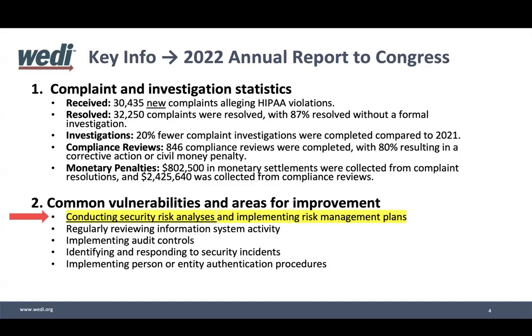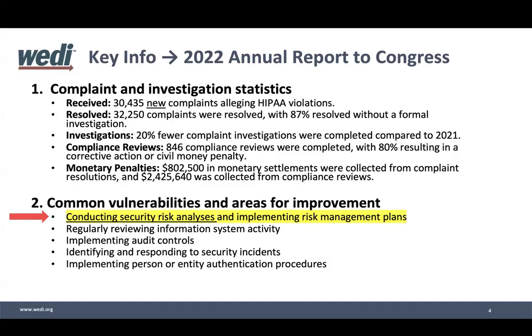From the investigations and compliance reviews, you see common vulnerabilities and areas that OCR cited for improvement across the board. The first one is the lack of conducting a security risk analysis and implementing a risk management plan.